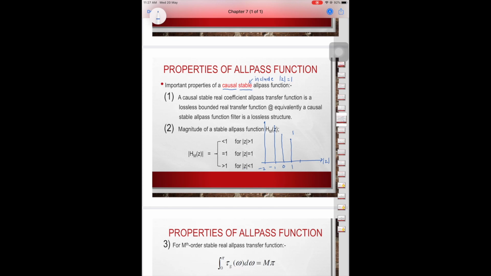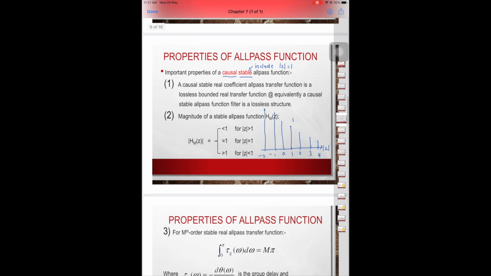But if modulus z is greater than 1, meaning 2, 3, 4, the magnitude value is less than 1. So basically, this is the magnitude of a stable all-pass function.